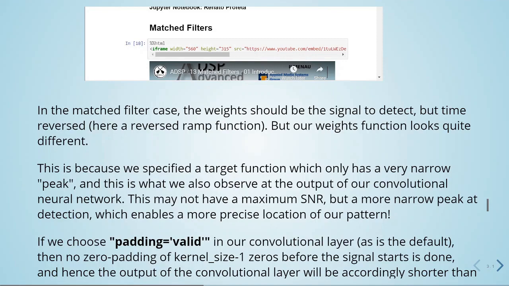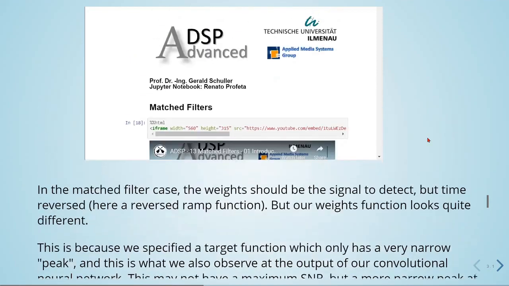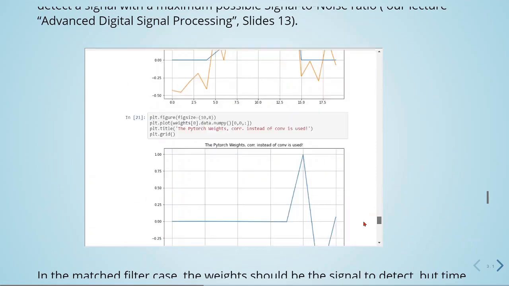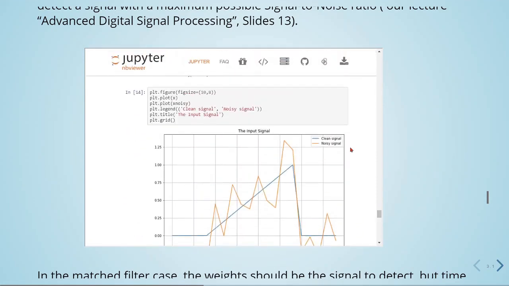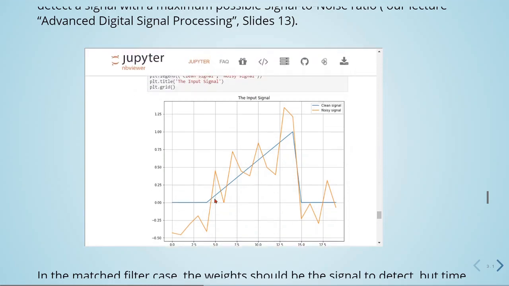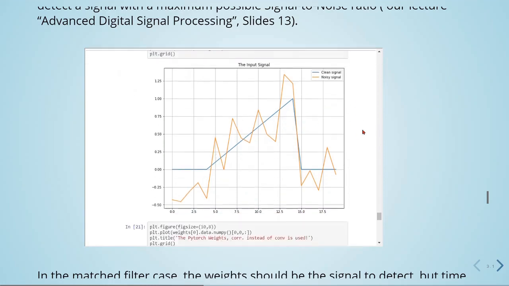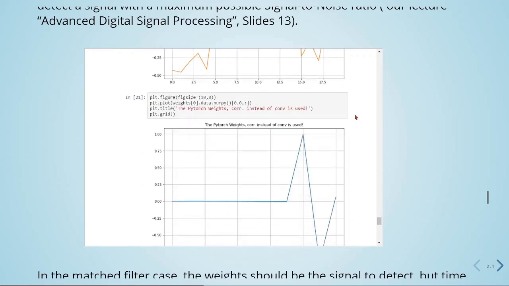So here is a reverse ramp function. So this is our weights for the matched filter. And the input signal here was the ramp, a bit different than what we used here.